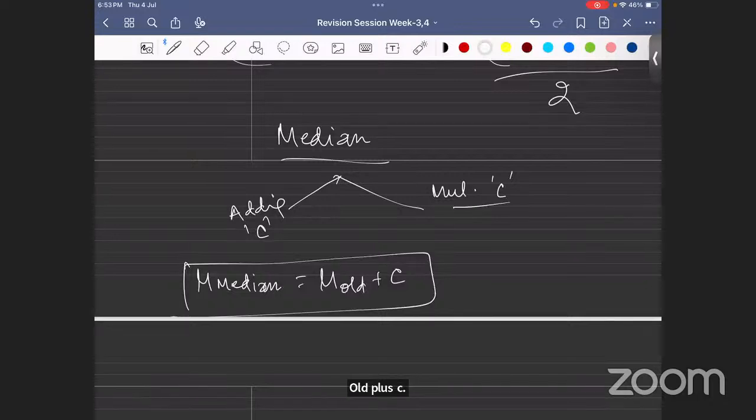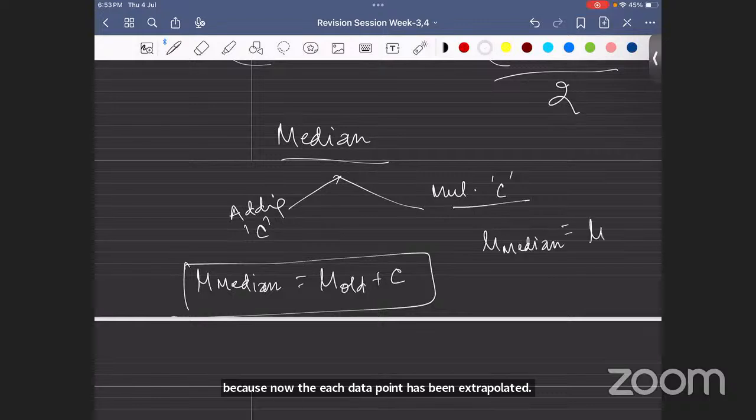And whenever you are multiplying each term with the constant c, maybe you have extrapolated the data points. Now each data point has been scaled, so your new median will be the old median multiplied by the constant c.